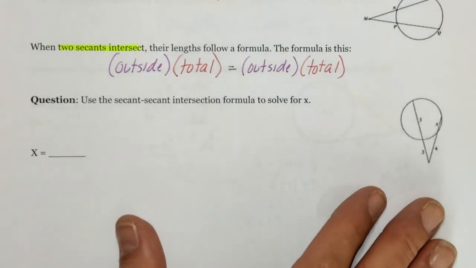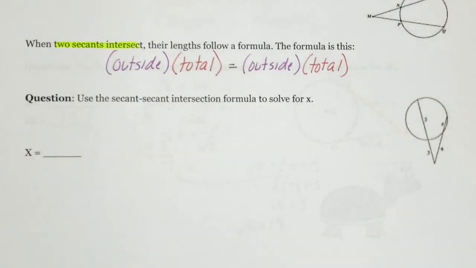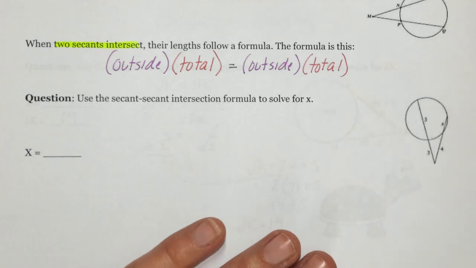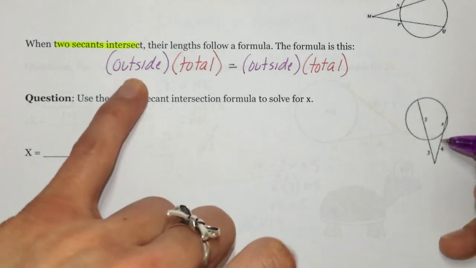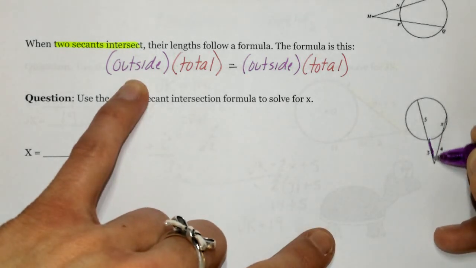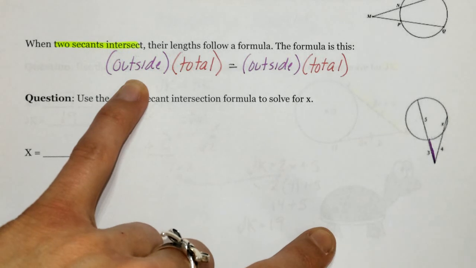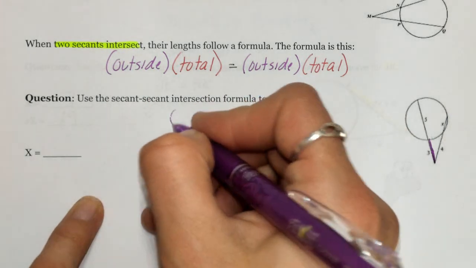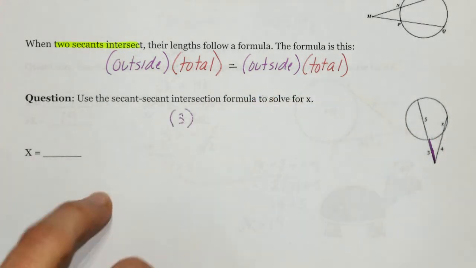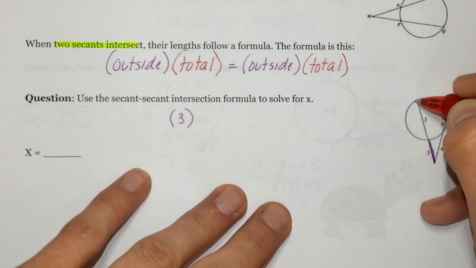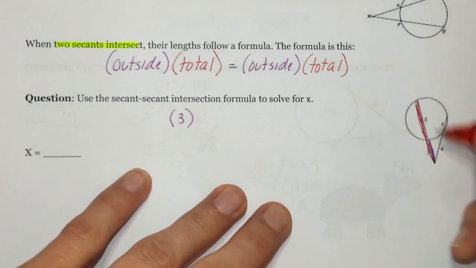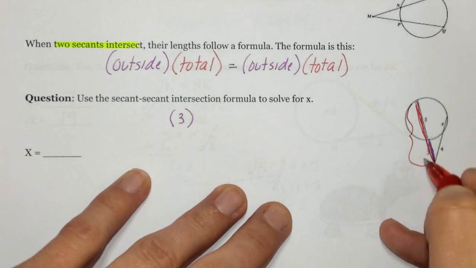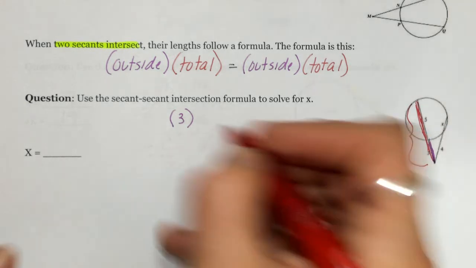All right, so we're going to go ahead and look at what we have here. We're going to use this information in this formula. Let's take a look at one secant here. We're going to have the outside, which is just going to be the 3 right here. So we'll take 3 times the total, the whole secant, which we have to add that 3 and that 5 together to get 8.